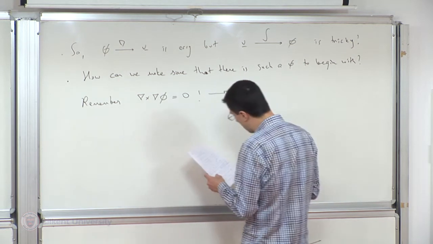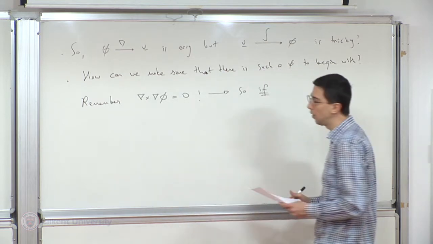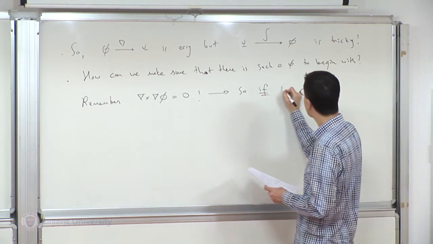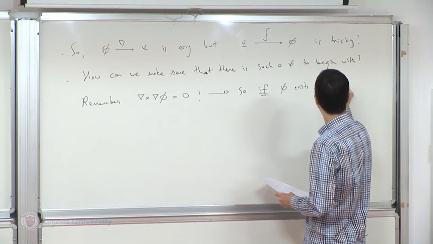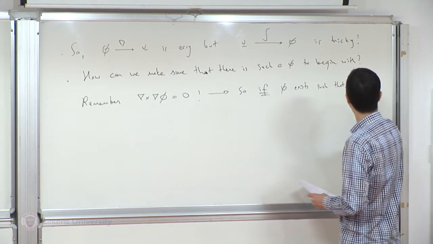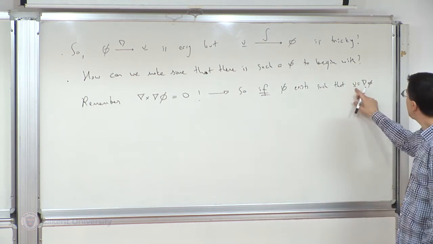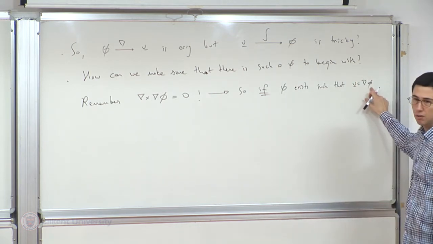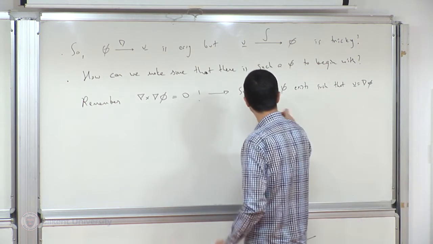Okay. So now my argument is the following. If phi exists such that v is equal to gradient of phi, right? So if v comes from the gradient of some function, then, right? So it's an if-then statement.